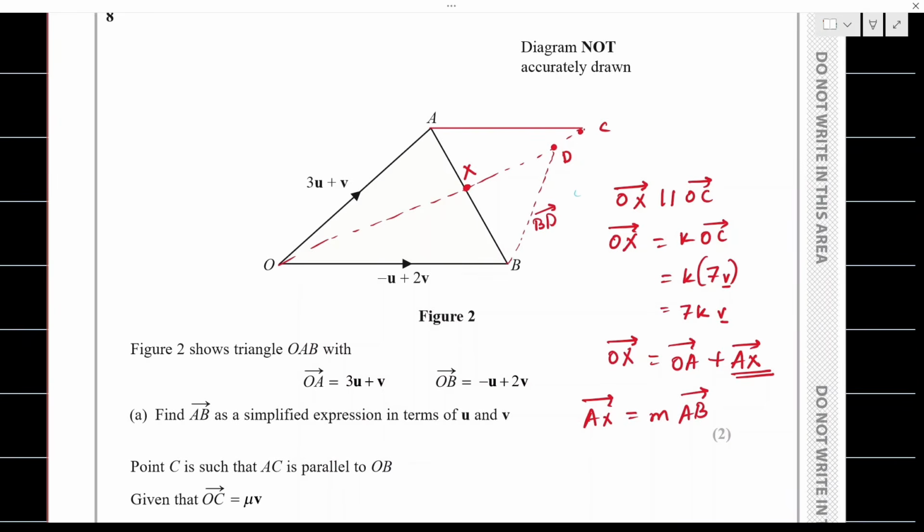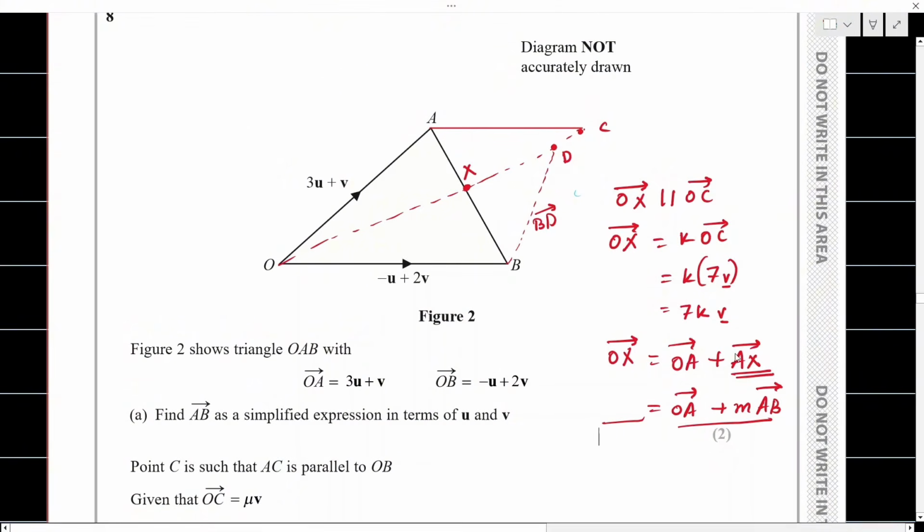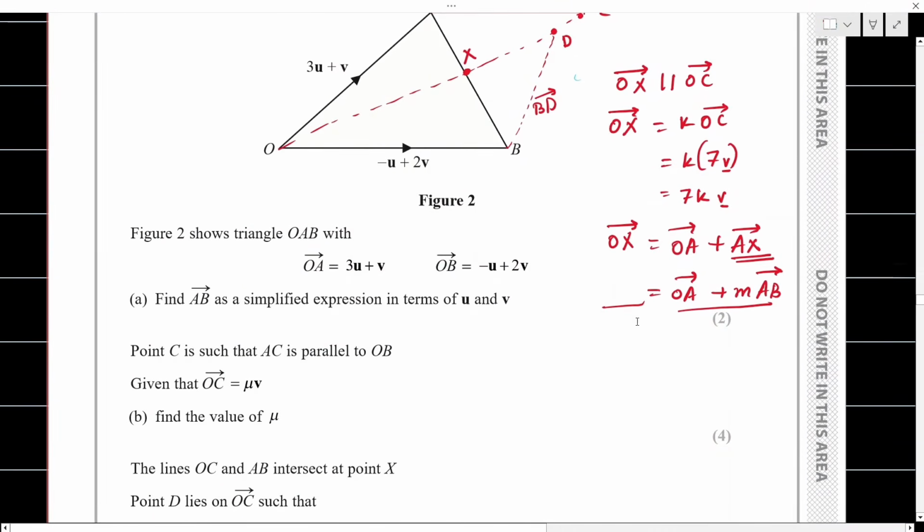So I can write OA plus m into AB, and simplifying this, I will get an expression for OX in terms of m, and on the left hand side, I will get an expression for OX using k. So I can compare these two expressions, the left hand side and the right hand side, to find out the value of OX.